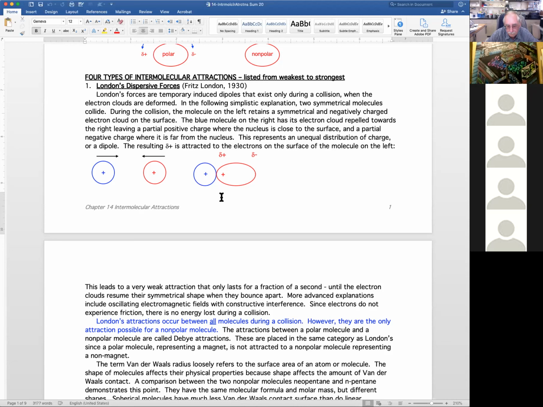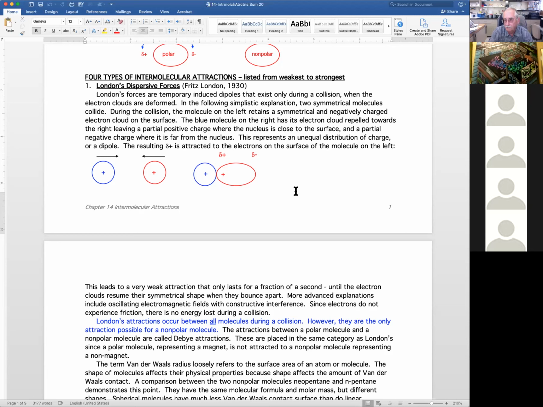So a better way to think about this is they collide and these things oscillate back and forth like this. And during that oscillation, they're attracted to each other. So here's a way to think about this. Two particles crash together. For one fraction of a second, they're deforming each other's electron clouds. Then they bounce away just like nothing happened. There's no loss of energy during a collision.